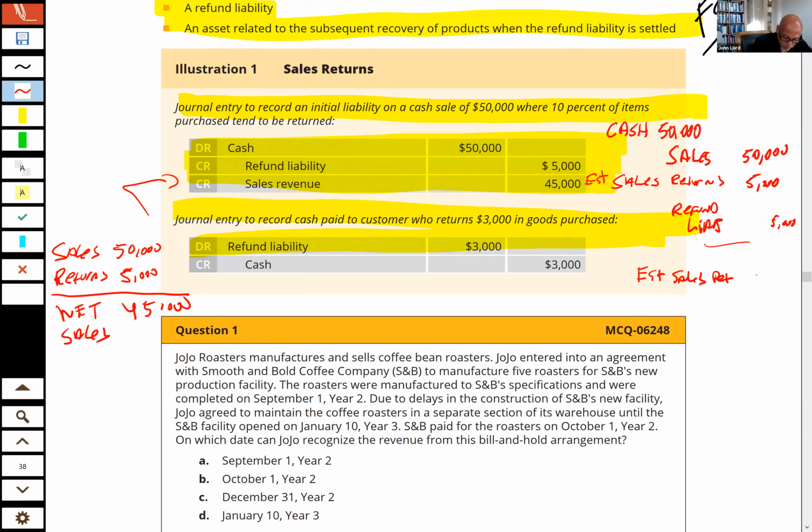Okay, let me finish my journal entry here. So I would go ahead and credit the estimated sales revenue for 3,000. I mean, sales returns, excuse me, and debit sales returns for 3,000. And then when I report, and if I have this estimated returns, it was originally 5. Yeah, I debited originally for 5.